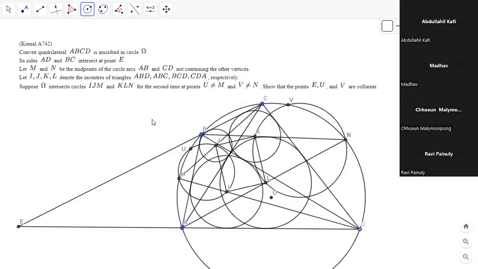So a spiral similarity, we're saying maybe U is the center of some spiral similarity.